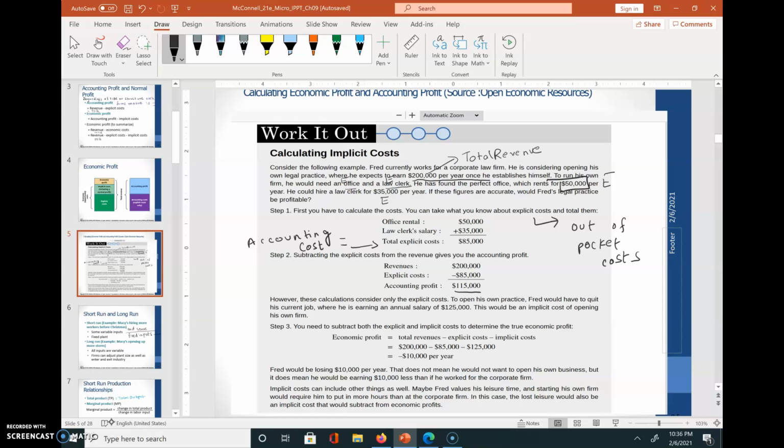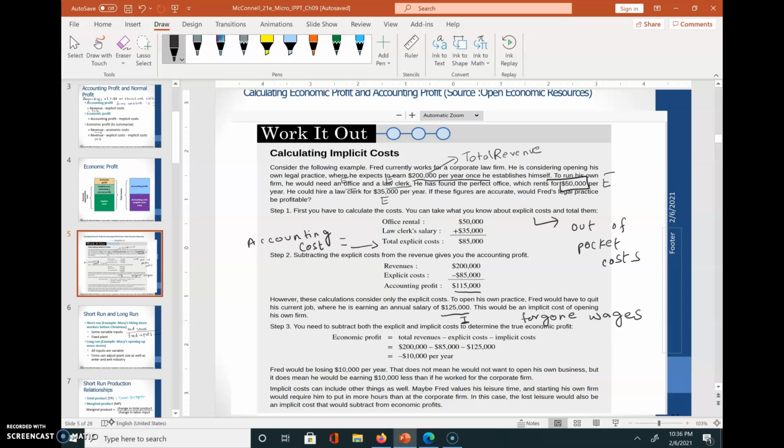It says to open his own practice, Fred would have to quit his current job where he is earning an annual salary of $125,000. So this is foregone wages. This is a part of foregone wages. Now I have to calculate the economic profit.